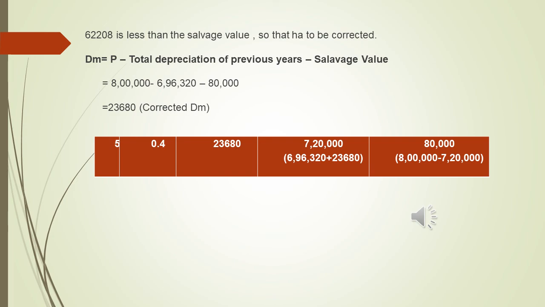That is 8 lakh minus this value which you have got, 7,20,000. That is total depreciation, right? So when you subtract, you will get 80,000. Now this 80,000 is matching with your salvage value which is given in the question. So this is the corrected value for fifth year. This is how you calculate by double declining method. I hope this is clear. This is the second method of calculating depreciation.